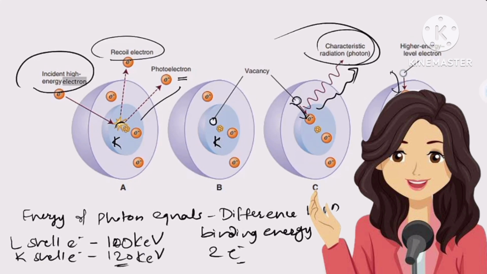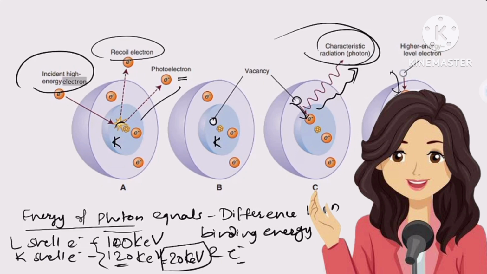Why is the K shell greater? Because it is closer to the nucleus, so the nucleus holds the K shell electron tightly as compared to the L shell. So the energy of the characteristic photon will be equal to the difference, 120 minus 100, so the characteristic photon energy will be 20 kilo electron volt.